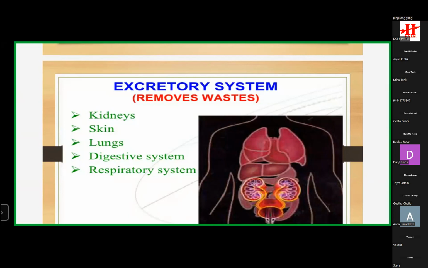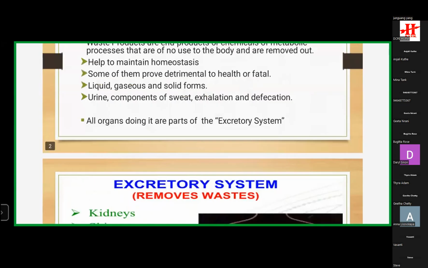Through the digestive system, the solid part of the waste material is excreted through the large intestine. These are the various organs: kidney, lung, skin, and the large intestine. These are the very important excretory organs of our body.